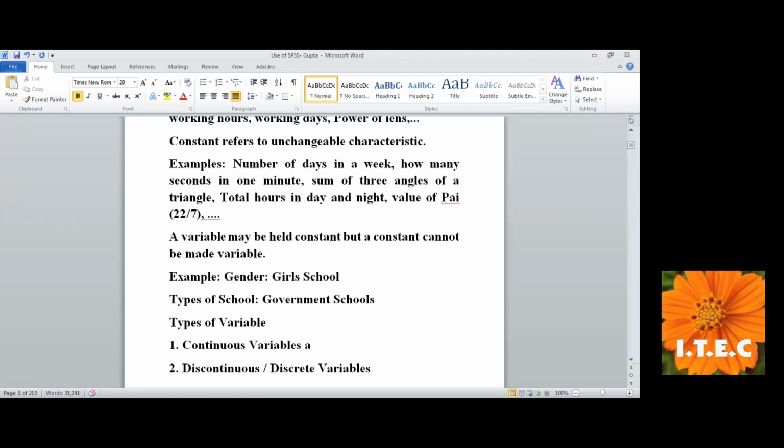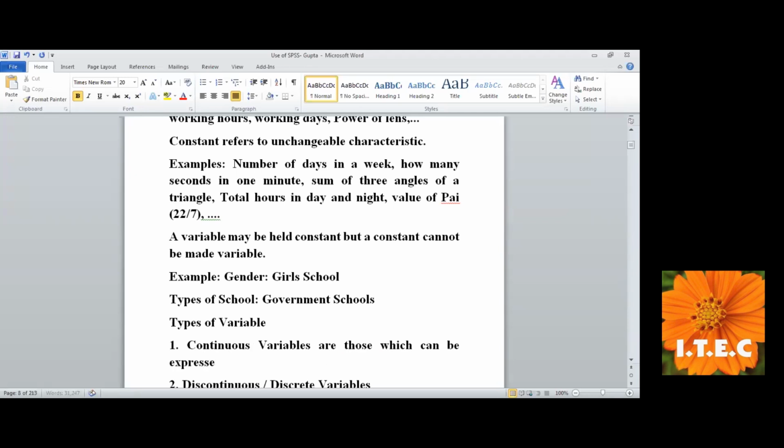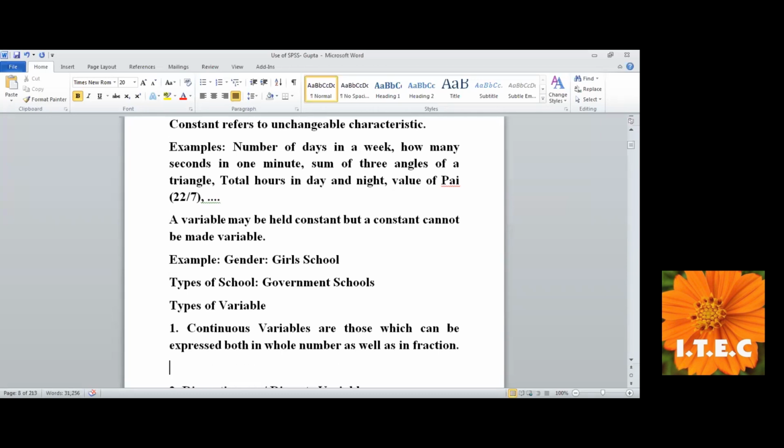So continuous variables are those which can be expressed both in whole number as well as in fraction. So I'll give you examples.